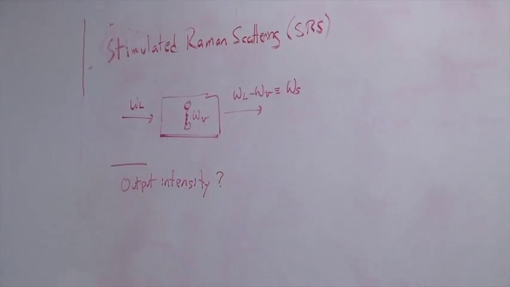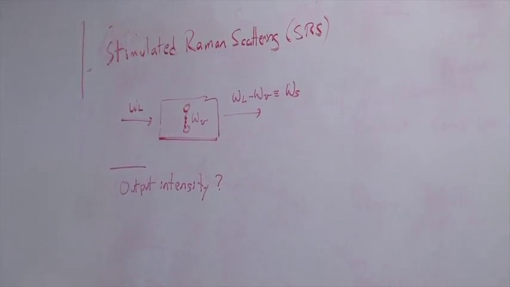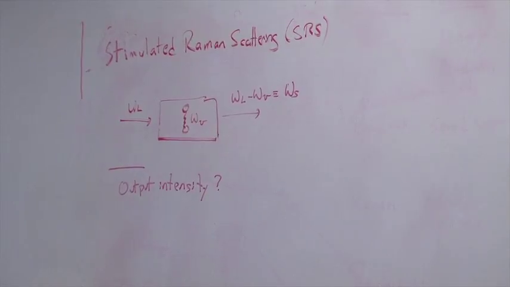Now, what is the output intensity? It's like ruining the movie for you. I'm going to tell you how the movie ends before you see the movie. I'm going to tell you the answer in case you fall asleep before the lecture is over. At least then you'll know what the answer is.